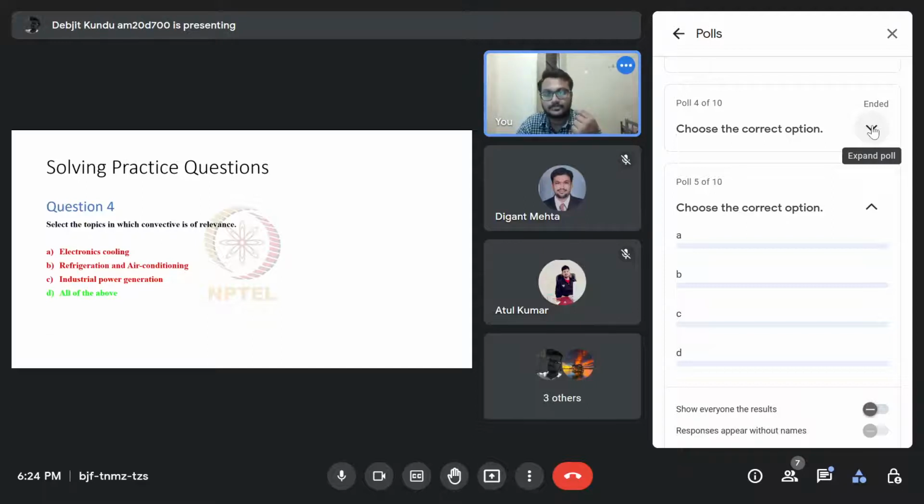And option B, refrigeration and air conditioning. Of course, the main purpose of refrigeration or air conditioning is to cool the air, and air is a fluid. To cool that itself requires a good understanding of convective heat transfer. And apart from that, the components within a refrigeration or air conditioning system, like the compressor, the evaporator and all that, over there also a good understanding of convective heat transfer is extremely important.